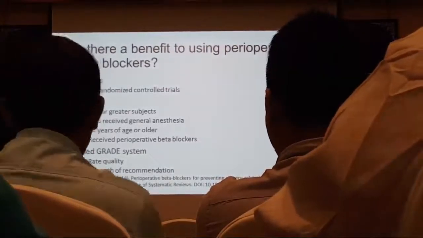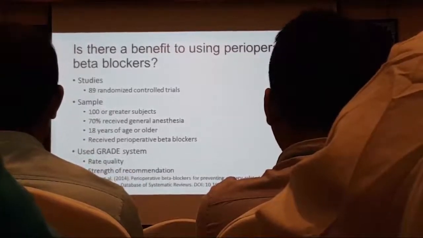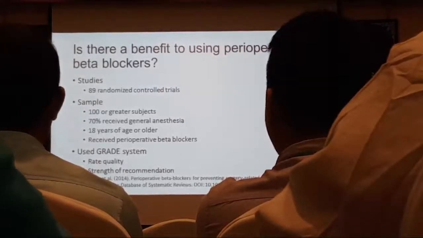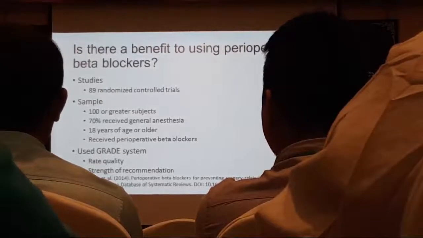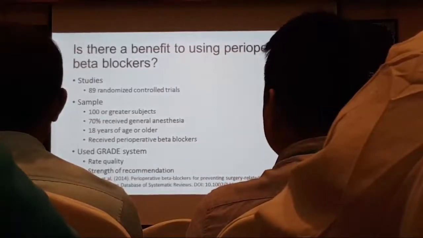There were 100 or more subjects in those studies. 70% received general anesthesia, and they all received perioperative beta blockers. I don't know how many of you have used Cochrane database reviews, but if you have the ability to go in and use one, I use it to help guide practice a great deal.